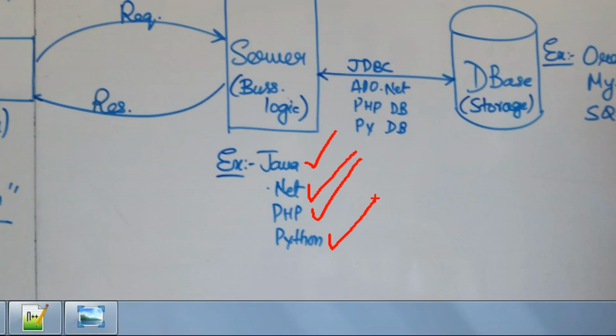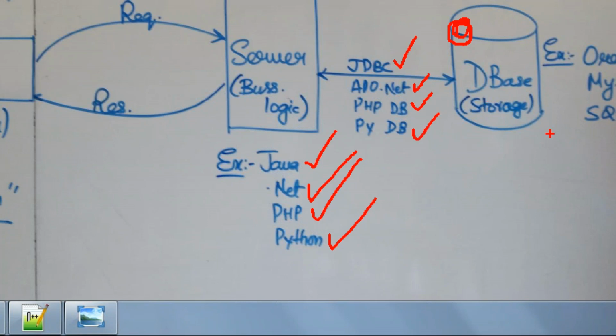And finally, if you want to communicate with the database, which is tier 3, this one, the database, the tier 3, right? We use JDBC, ADO.NET, PHPDB, and Python DB to communicate with the database.